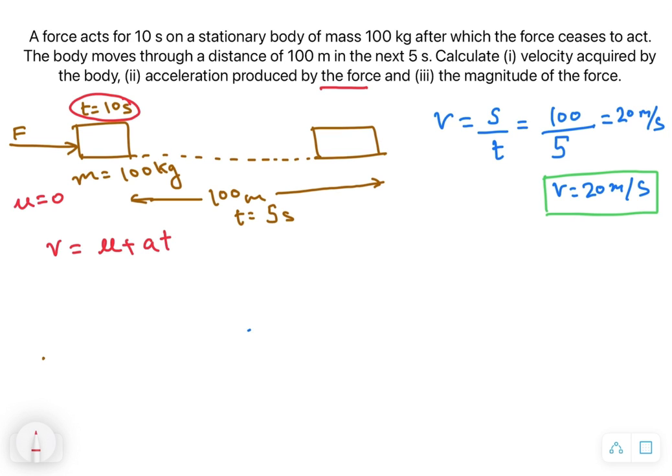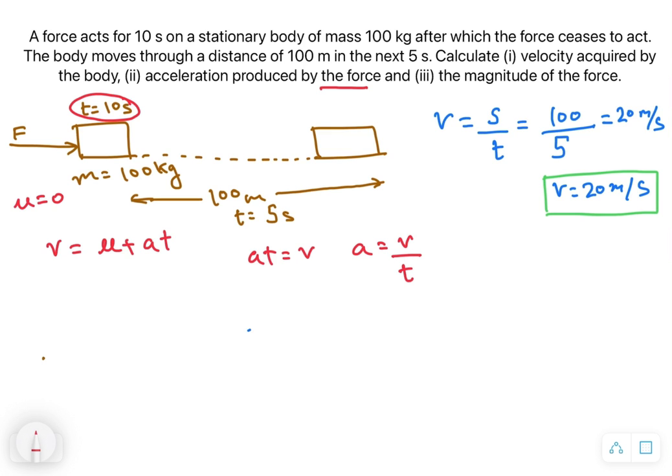So we will consider this 10 seconds as t here, because force acted for 10 seconds. So let us rearrange this equation to solve for acceleration. So AT will be equal to V and A will be equal to V divided by T.